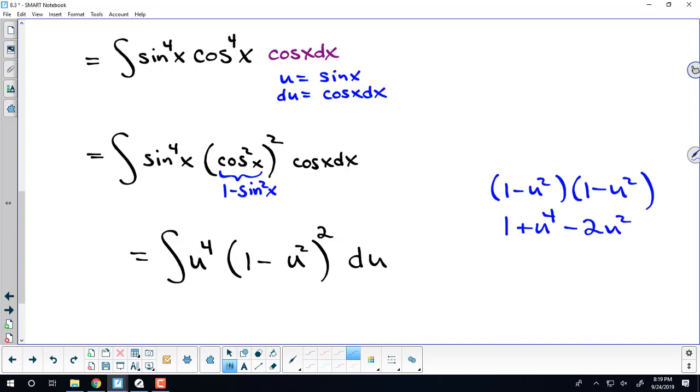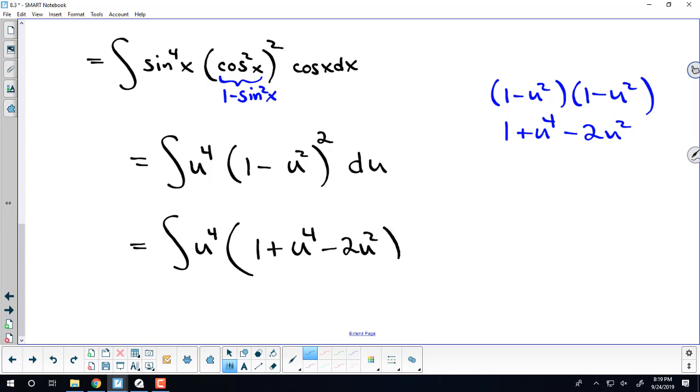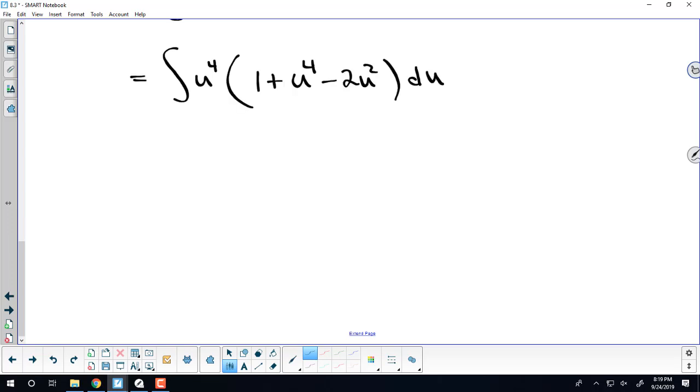So it's not just the first thing squared and the last thing squared. So we expand that, and then we multiply by u to the fourth again. We're still just sticking with powers of u.